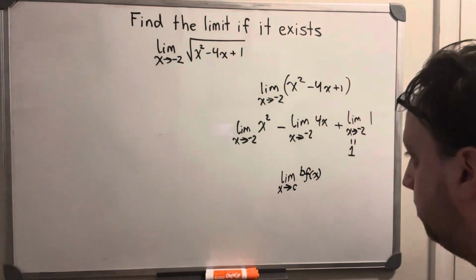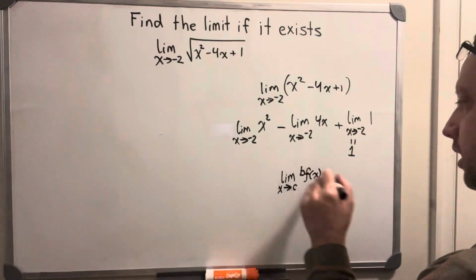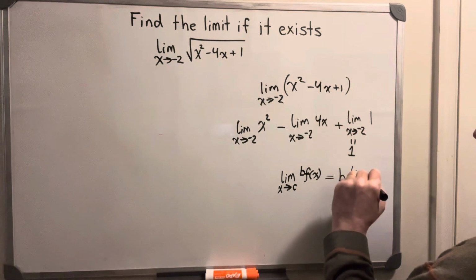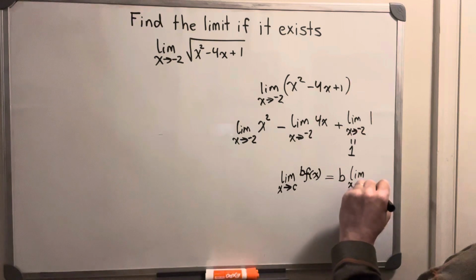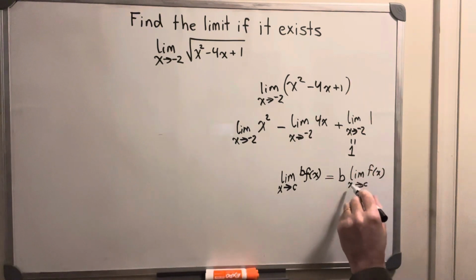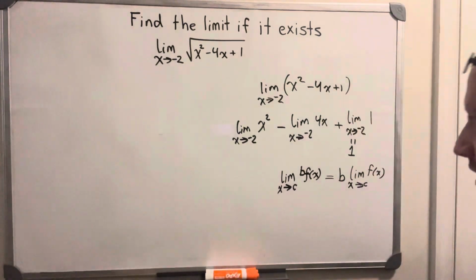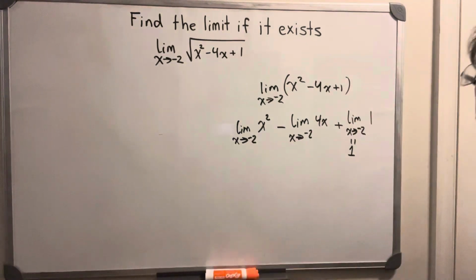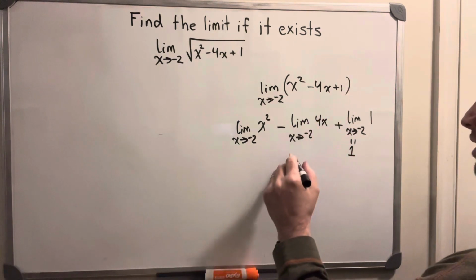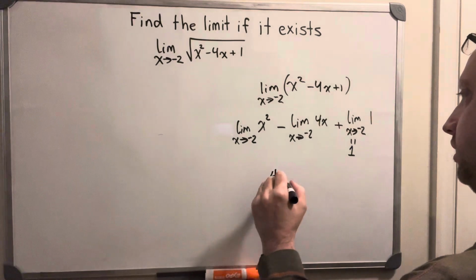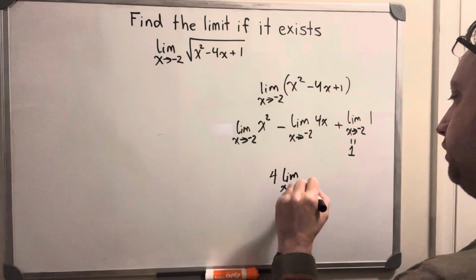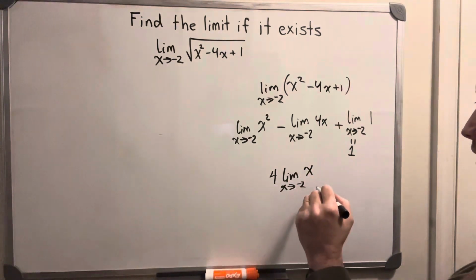In this case, when you're multiplying a constant by a function, you can take the constant outside. So that means that we can turn the limit of 4x as x approaches -2 into 4 times the limit as x approaches -2 of x.